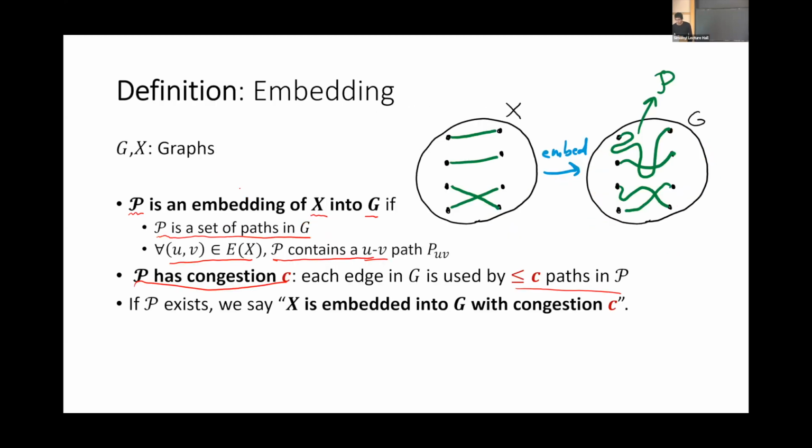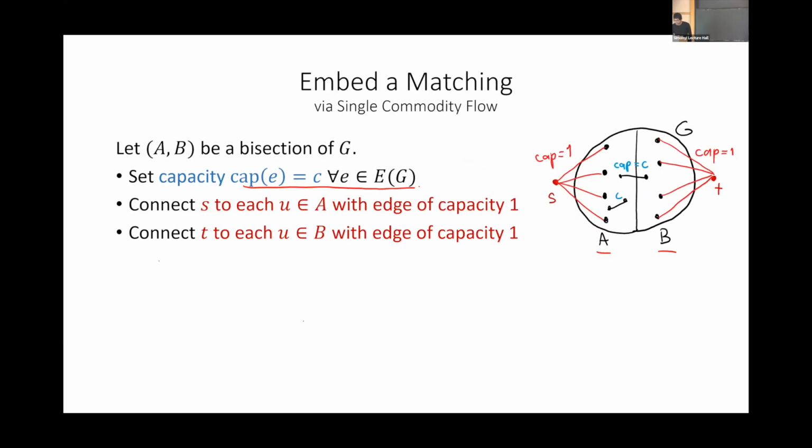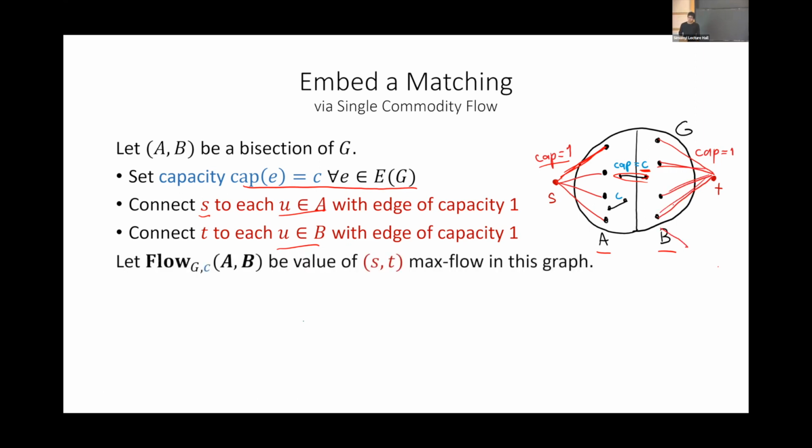I set the capacity of every edge in the graph G to be C, and then connect the super source S to everyone in A and put the capacity there to be 1. Connect the super sink T to everyone in B, and set the capacity to be 1 as well. And imagine that I ask about the max flow from S to T in this graph. I denote it by a flow from A to B with congestion C.